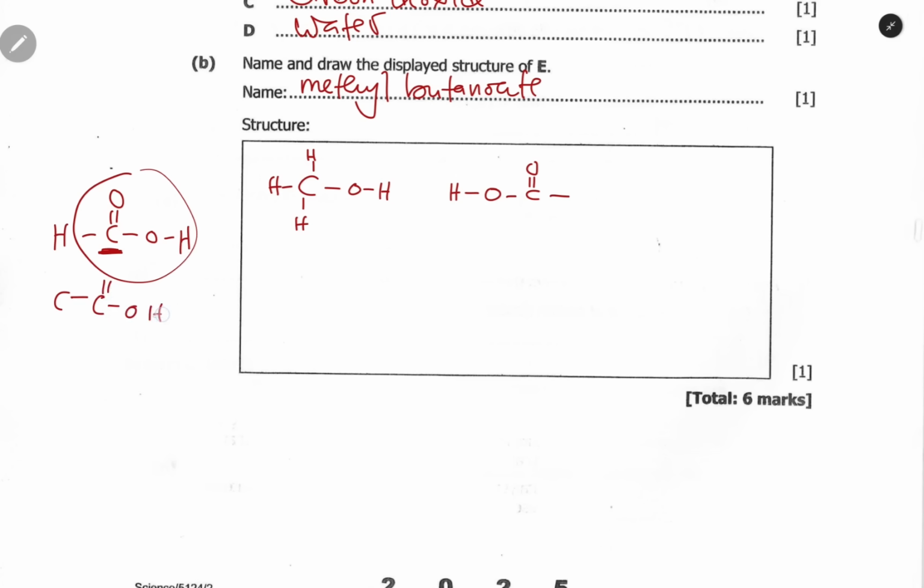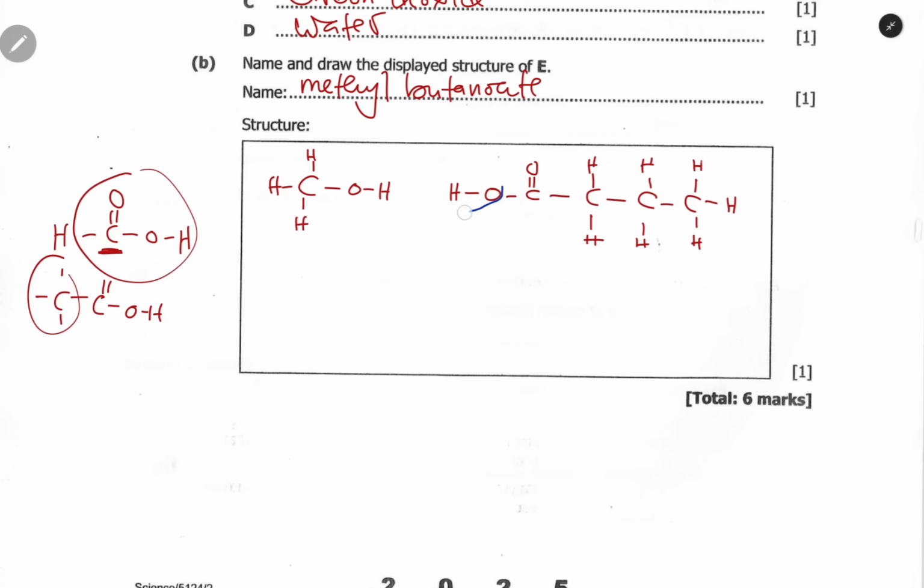Okay, has 1 carbon, which is simply this one. So butanoic acid has 3 carbons. So 1, 2, 3, like this. Hydrogens around, hydrogen, and also here hydrogen. So it looks like this. Okay, now the reaction takes place.